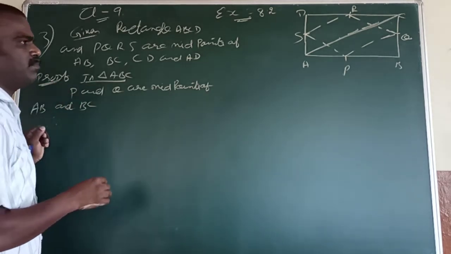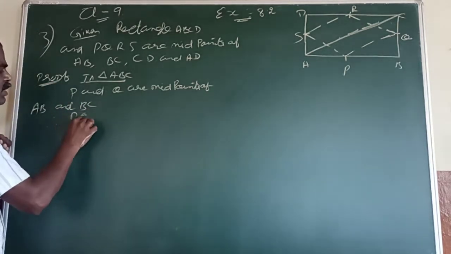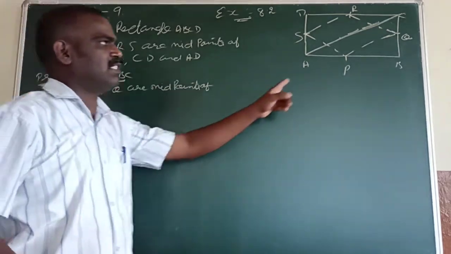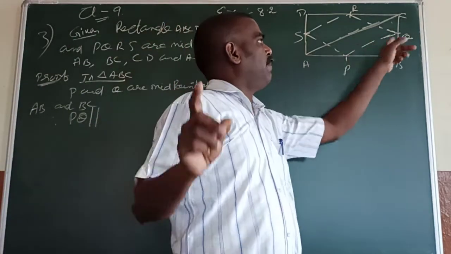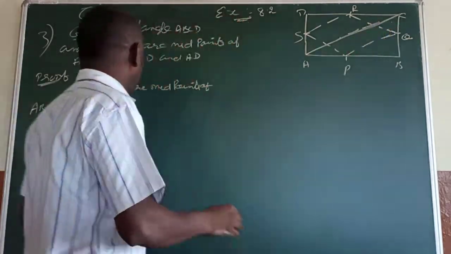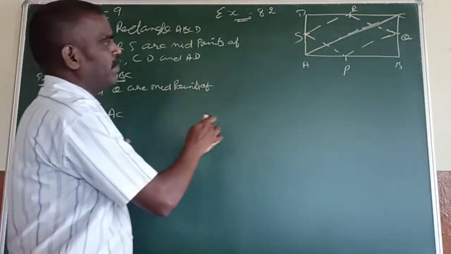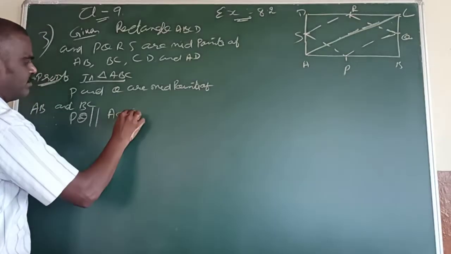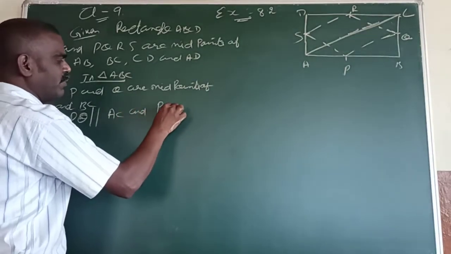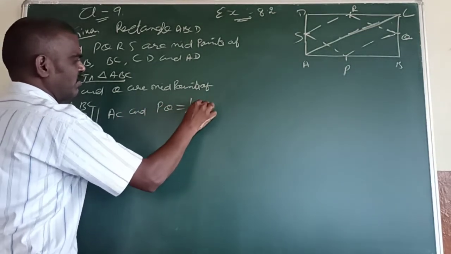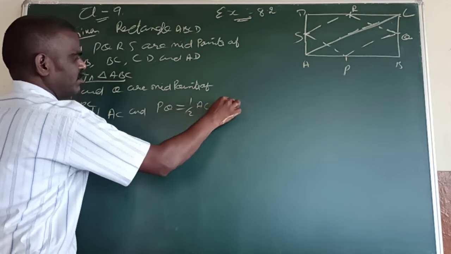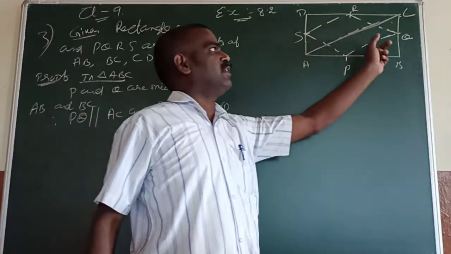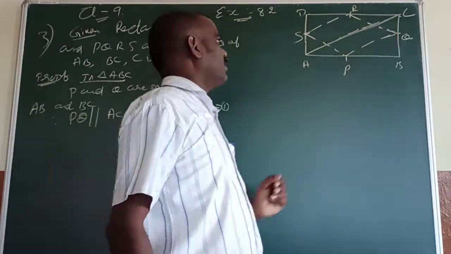Therefore, by the midpoint theorem, PQ is parallel to AC, and PQ is equal to half of AC. Not only is PQ parallel to AC, it is also half of AC.